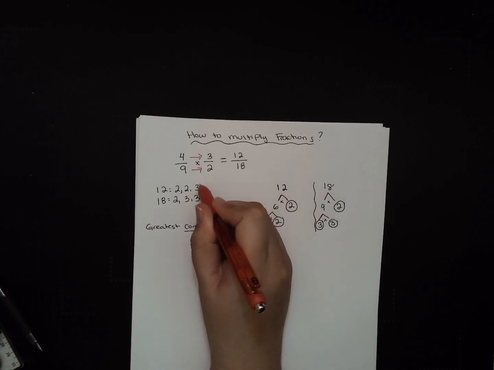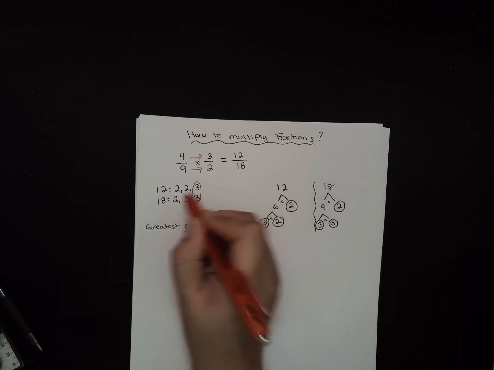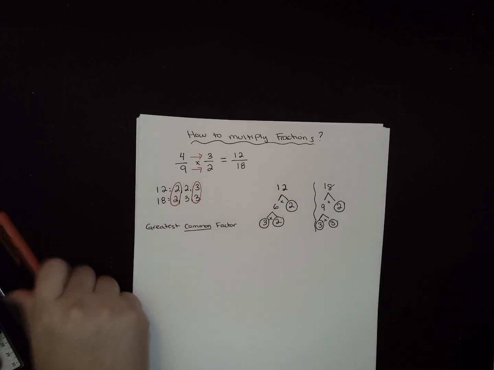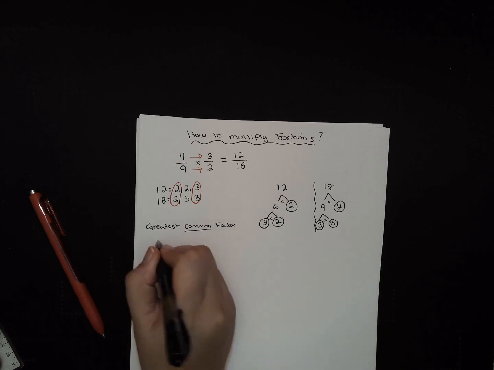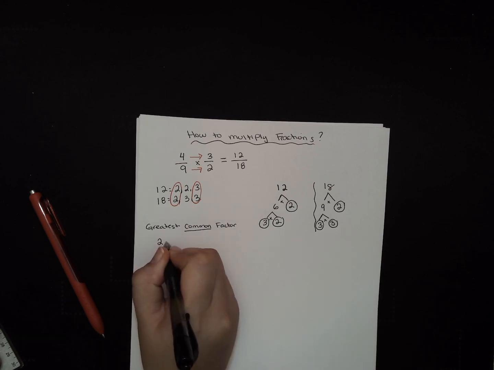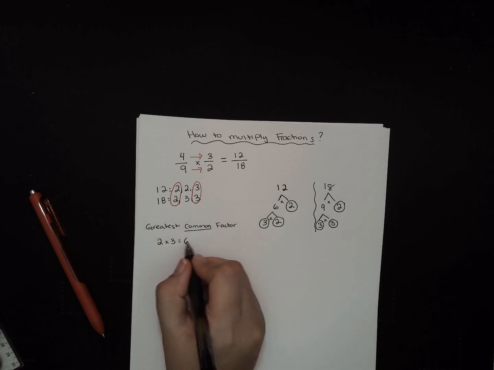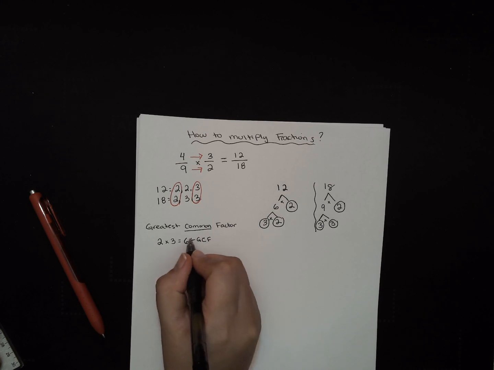I'm going to circle it. And then I have 2 and 2. I'm going to circle it. Okay, so I know 2 and 3 are shared. So I'm going to put 2 times 3, and that is 6. So my greatest common factor would be 6.